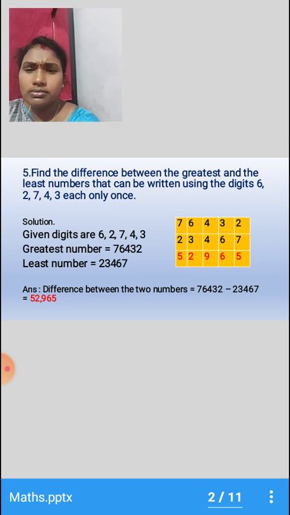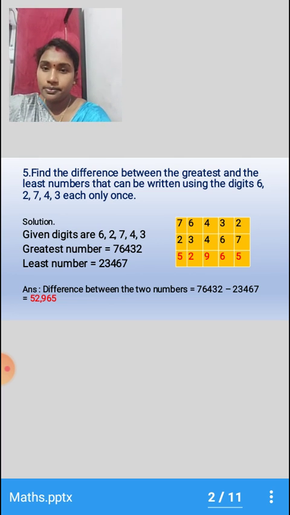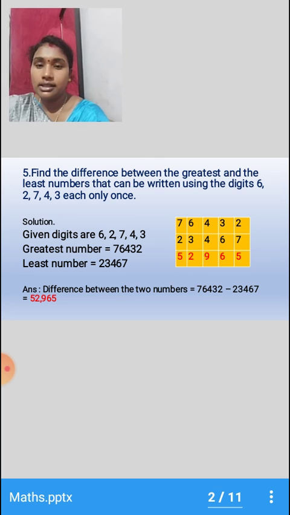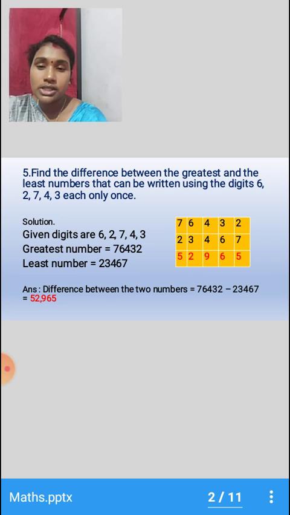So let me repeat, find the difference between the greatest and the least numbers that can be written using the digits 6, 2, 7, 4, 3 each only once. From the question it is very clear that we want to find out the greatest and the least numbers using the digits that are given here.